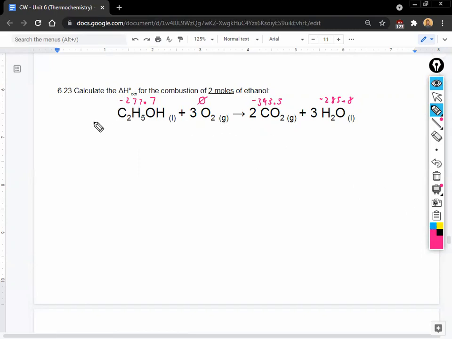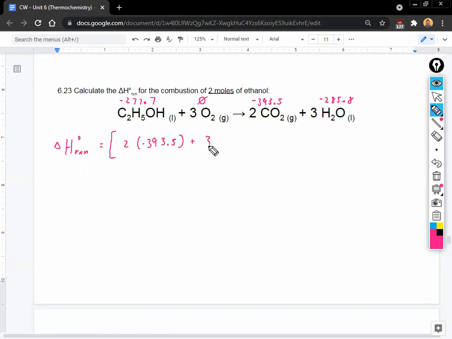Okay, so we're going to take all the products and the reactants, and that's going to give us our value for the delta H of reaction. We take our products, so we have 2 moles of carbon dioxide, so 2 times negative 393.5.